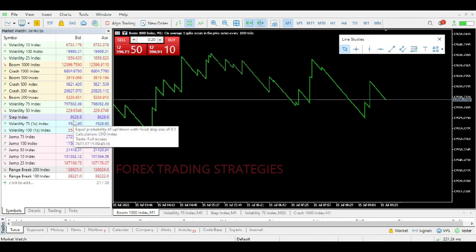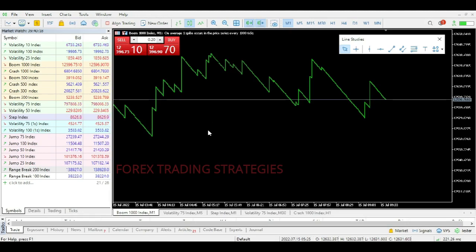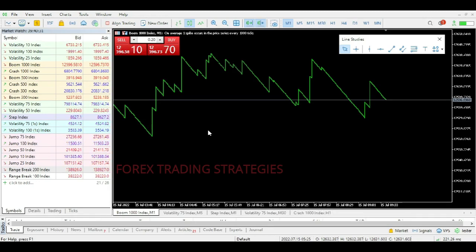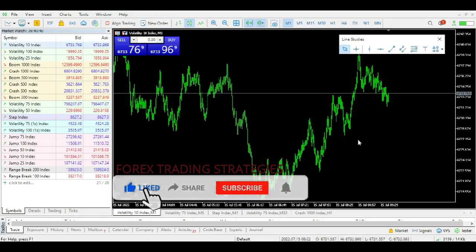Synthetic indices are run by a proprietary algorithm that Deriv, the broker that we all know for synthetic indices, uses to do all this market movement and jumps and whatever happens with whatever synthetic index that you choose.